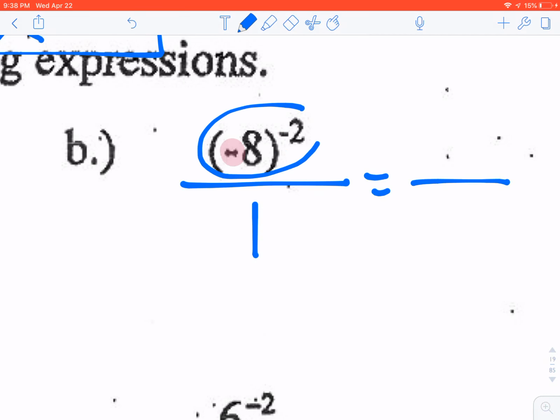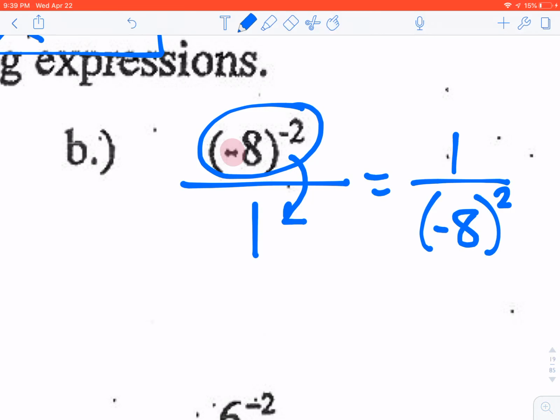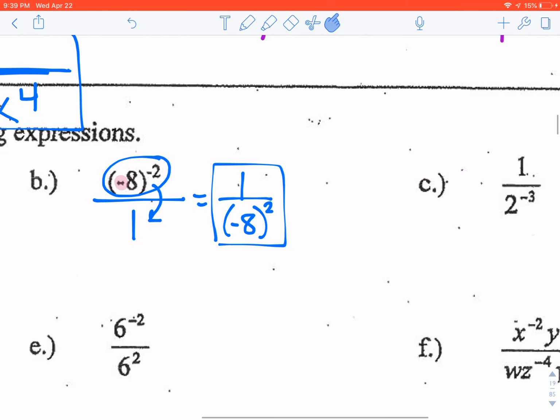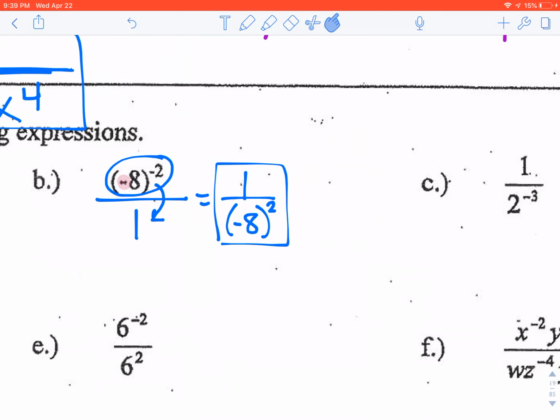So we're going to take this whole term and move it to the denominator so that we can make it positive. We need our placeholder of 1 on top. So your answer is 1 over negative 8 to the second. The parentheses for B are still there just so that you know that negative goes with the 8. In any other problem, we would get rid of those.